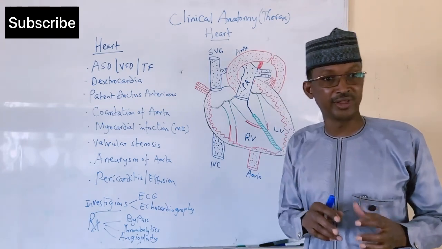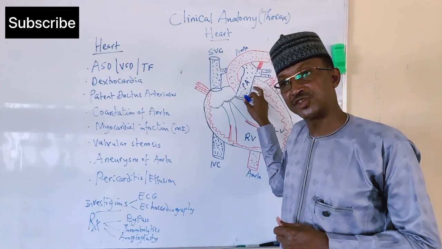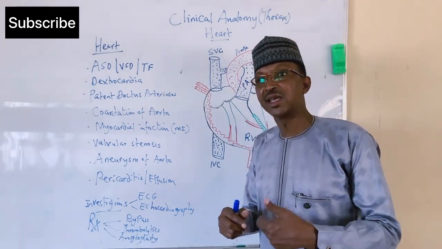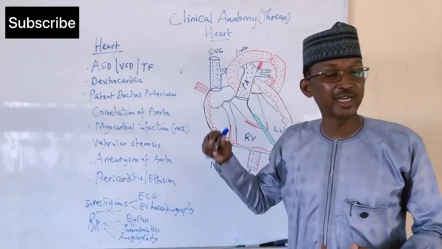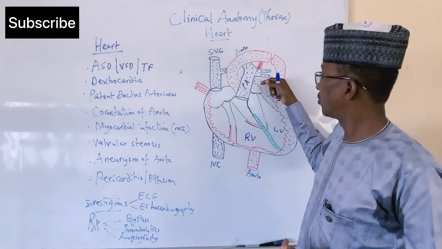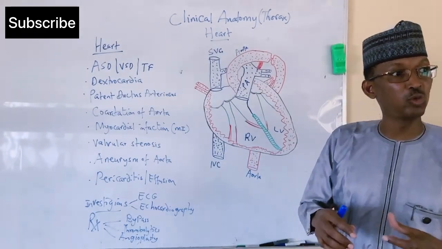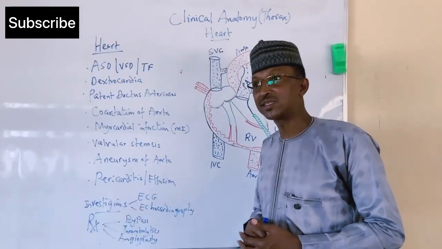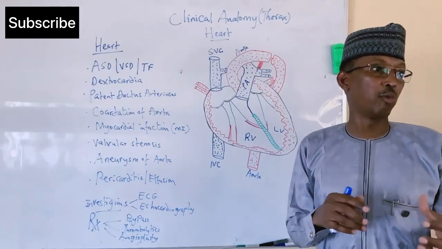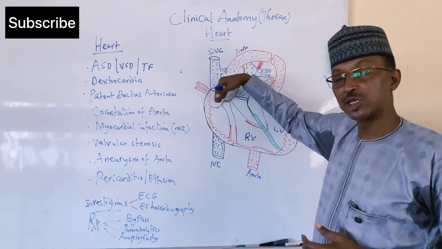But what is going on is that since the blood in the left atrium is oxygenated and has a higher pressure than the blood in the right atrium, the blood will be coming from the left atrium into the right atrium, so that the mixing will be inside the right atrium rather than inside the left atrium, because of this pressure difference.